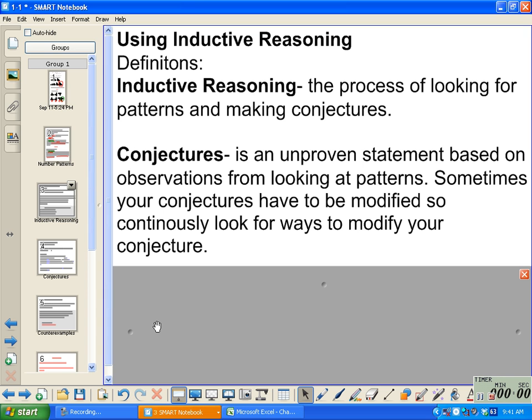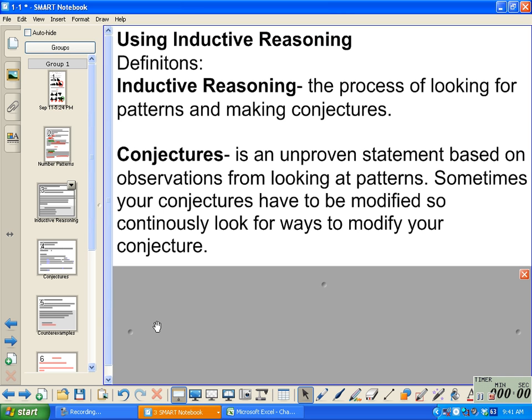Conjectures are unproven statements based on your observation of what you've seen. So it's kind of like a hypothesis, something you've looked at in the past. So a conjecture is when you look at a number pattern or a pattern of designs and you try to figure out what the next step should be, you make a conjecture, or a hypothesis is what it would be called in science.